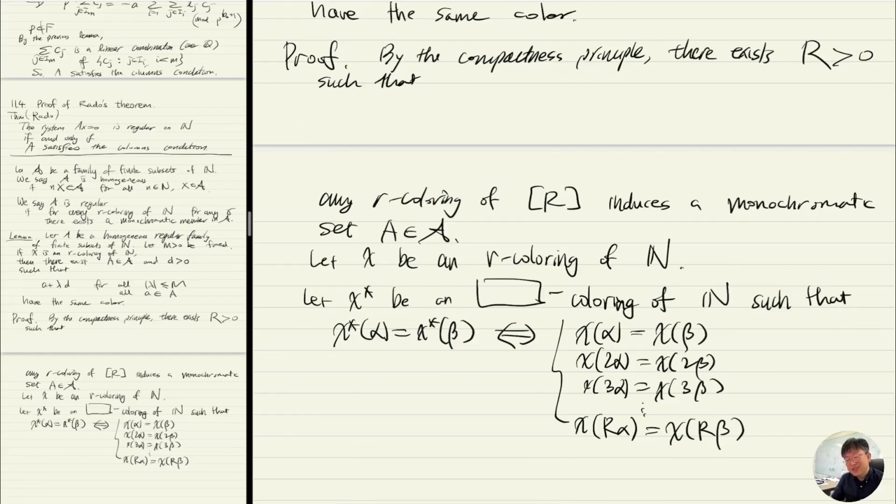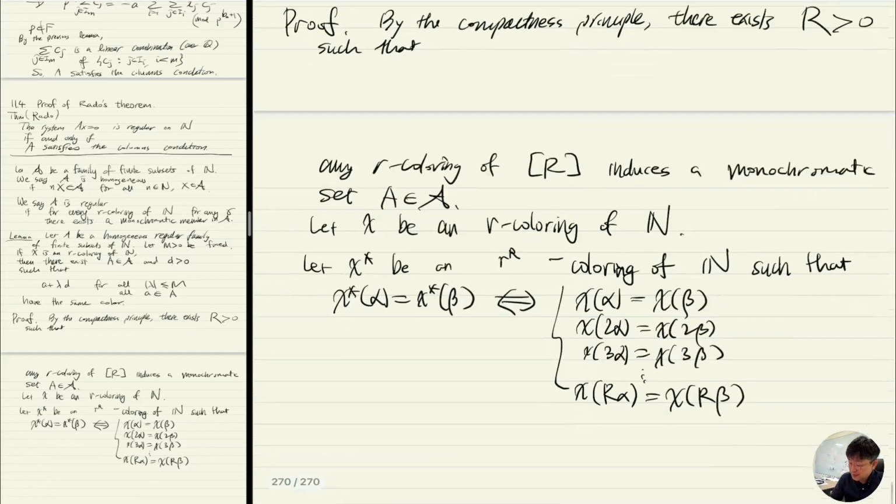So in a sense, we want to encode all the colors of the multiples of alpha up to this r alpha as one color. So the number of colors we need is r to the r, small r to the large r. This many colors we can encode, right? That's the number of possible colors.